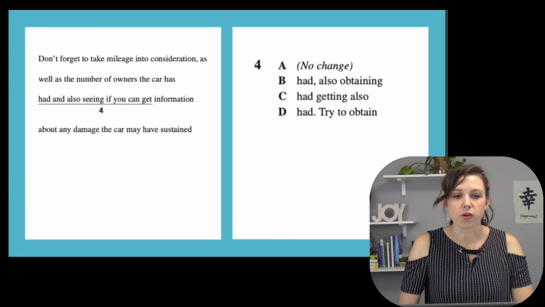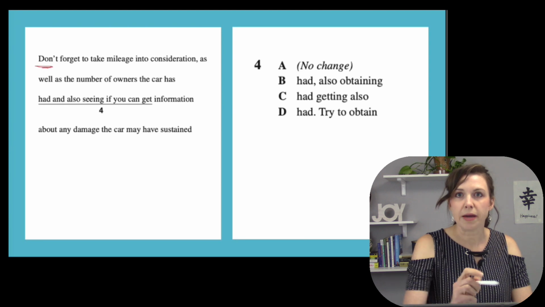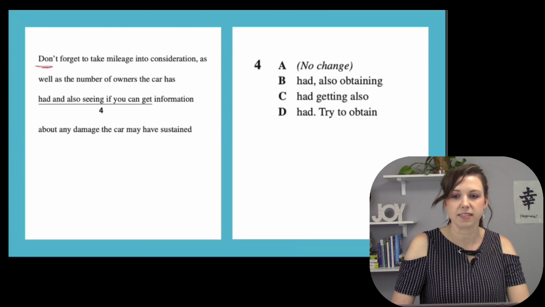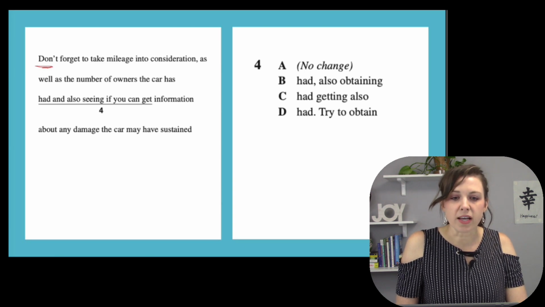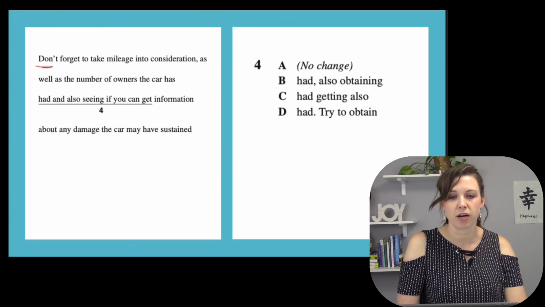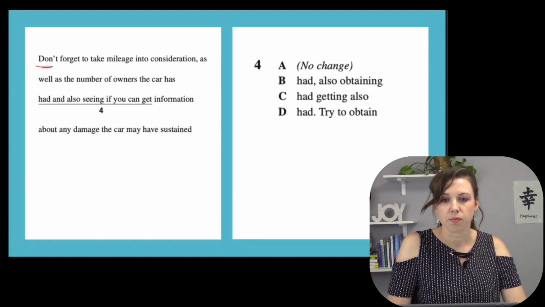Number 4. I'm actually going to start right up here with "don't," because I want to read the entire sentence. Don't forget to take mileage into consideration, as well as the number of owners the car has had, and also seeing if you can get information about any damage the car may have sustained.